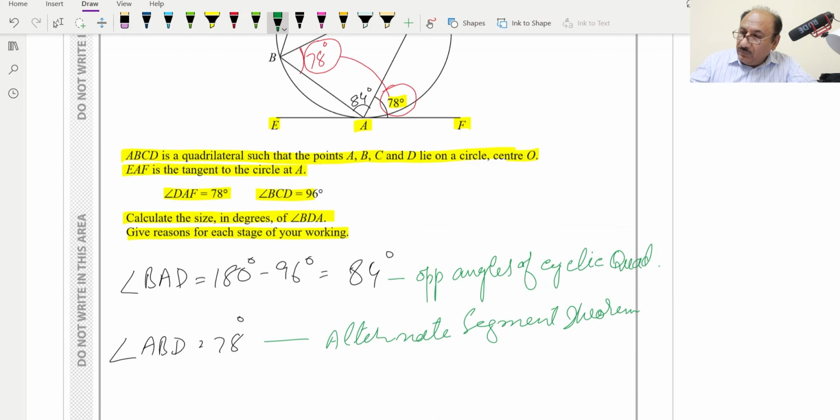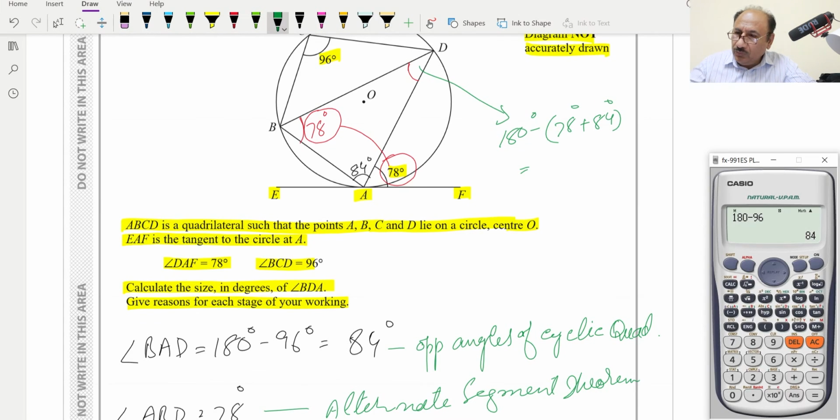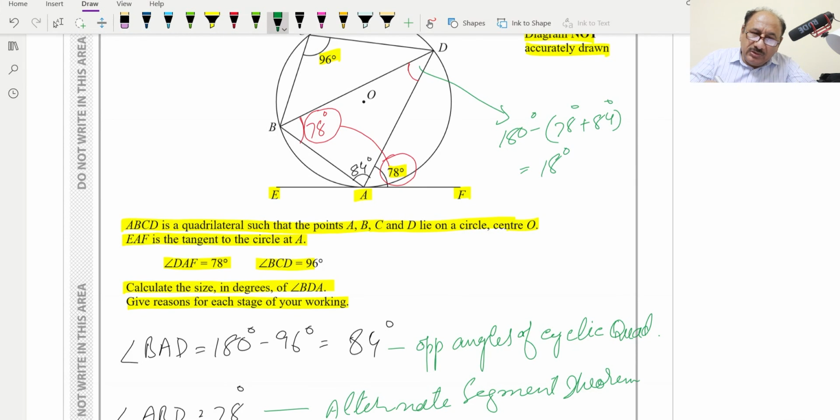Now we got two angles of the triangle. The third angle, this one, we can write as 180 minus (78 plus 84) degrees, and this will result in 18 degrees. So this angle is 18 degrees.